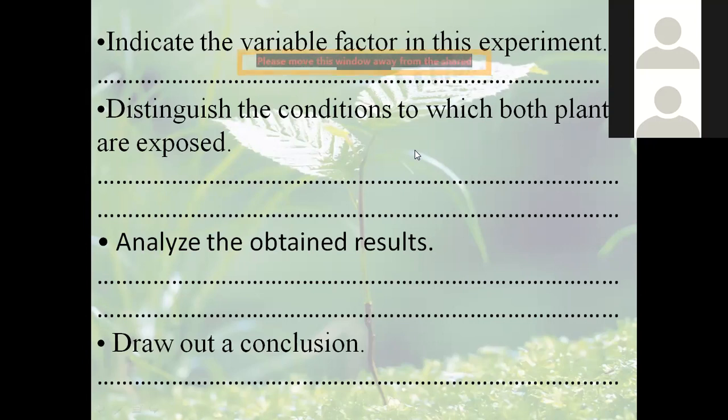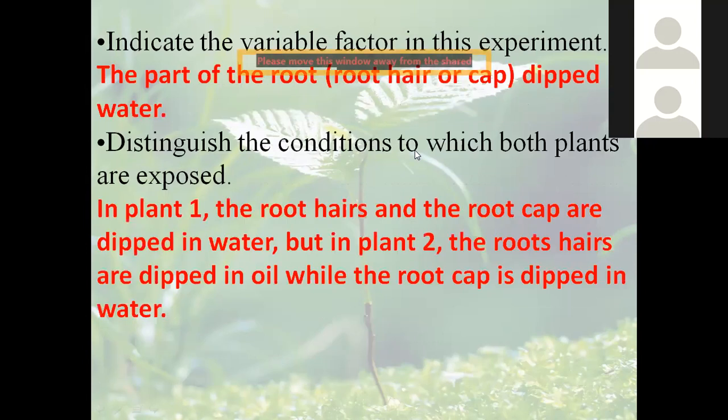So let's move to solve these parts. The variable factor is which part of the plant, the root cap or the root hairs, is dipped in water.